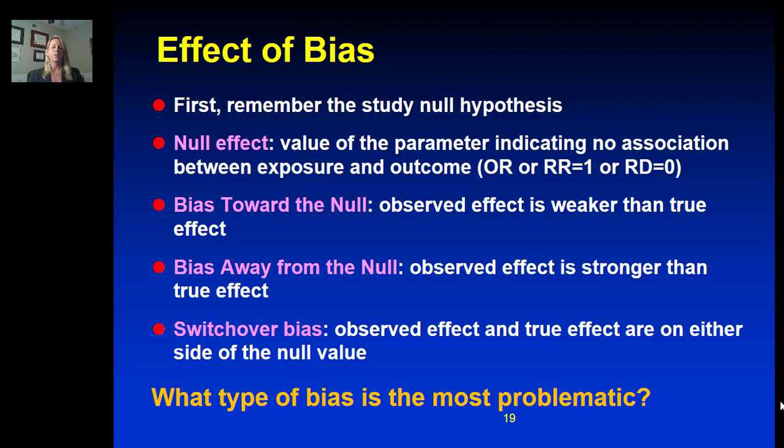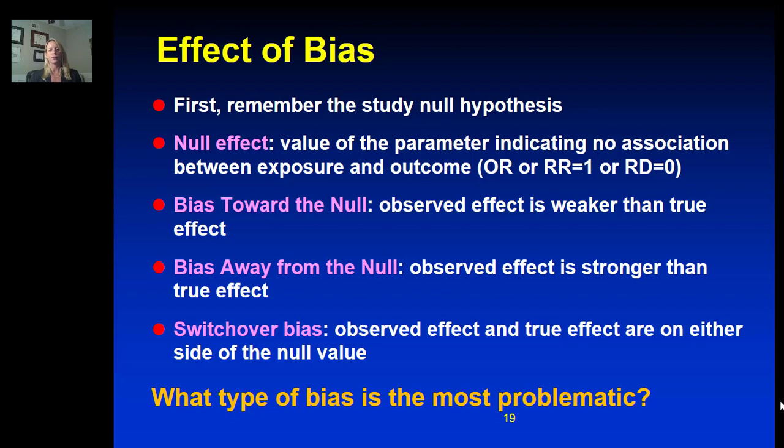And that is that the value of the parameter that we measure, be it a relative risk or an odds ratio or whatever, is pretty much close to 1 or 0, depending on whether it's a relative or absolute measure, and thus there's no measure of association shown. Now, what can also happen in the presence of bias is we can have a bias toward our null hypothesis, which is we can observe an effect, some measure of association, that is weaker, smaller than the true effect.